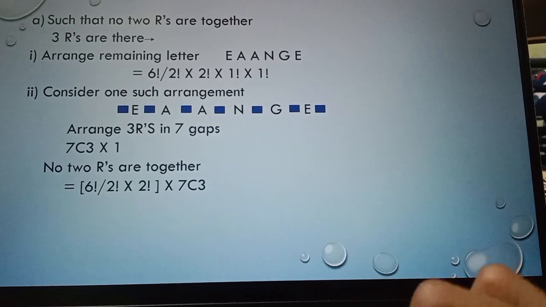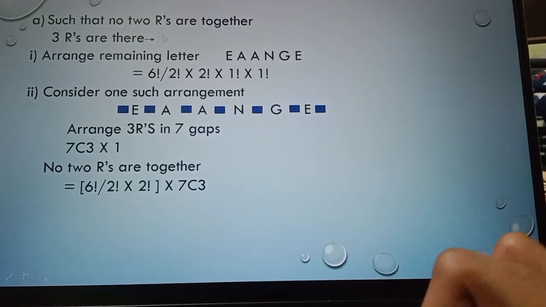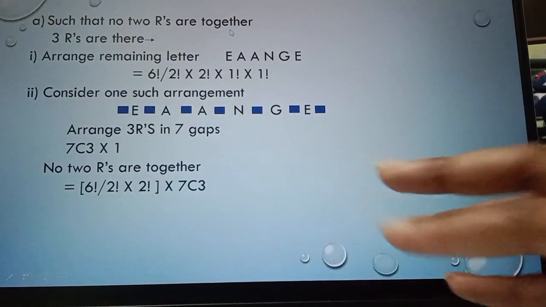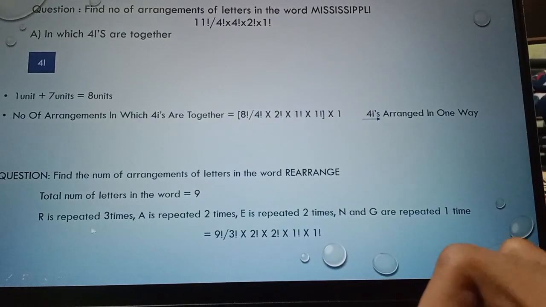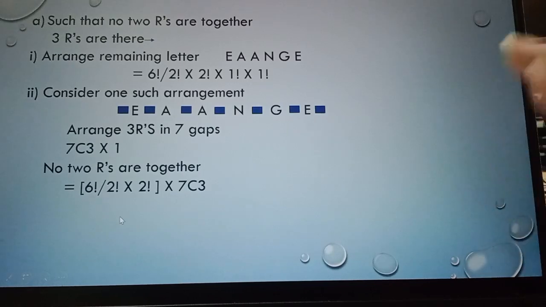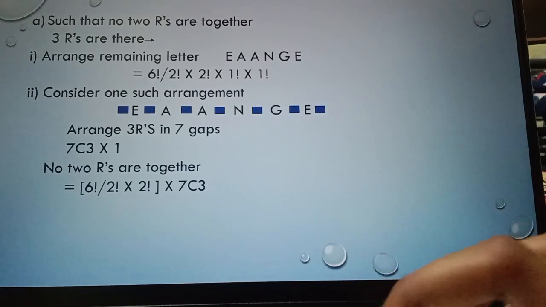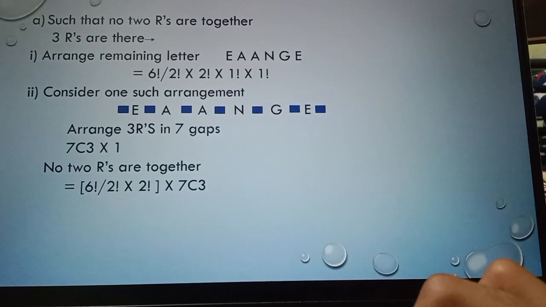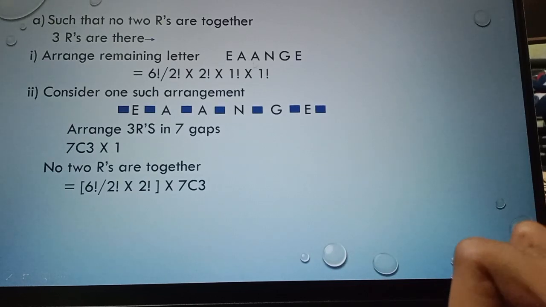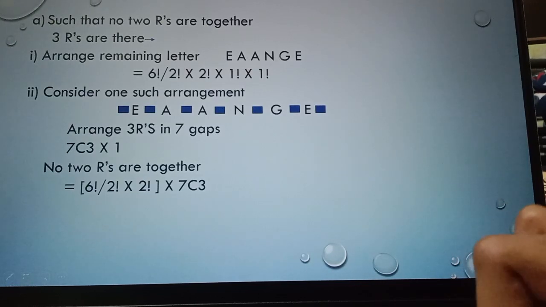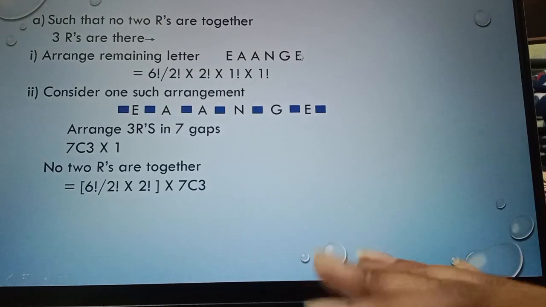Now the sub-question is such that no two R's are together. There are 3 R's, as I mentioned before. The first step to solve this problem is to arrange the remaining elements. What are the remaining elements? E, A, N, G, E, A. These are the remaining elements.